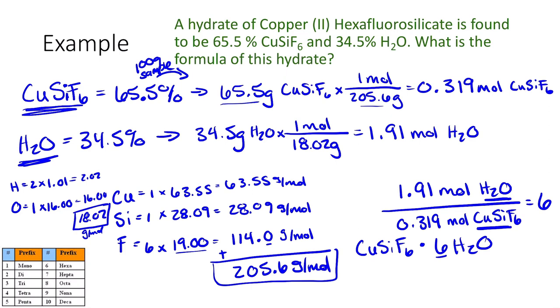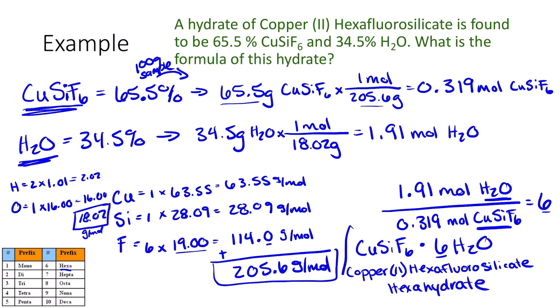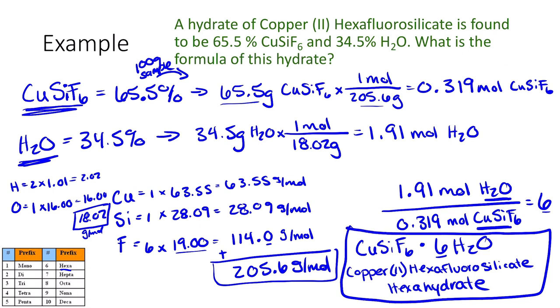And then to name this, we would say copper 2 hexafluorosilicate. And then since this is a 6, we would use this prefix over here, hexa hydrate. So this is really your final answer right here. That's how I want you to answer them in your class kick assignment. All right, so that is this one.